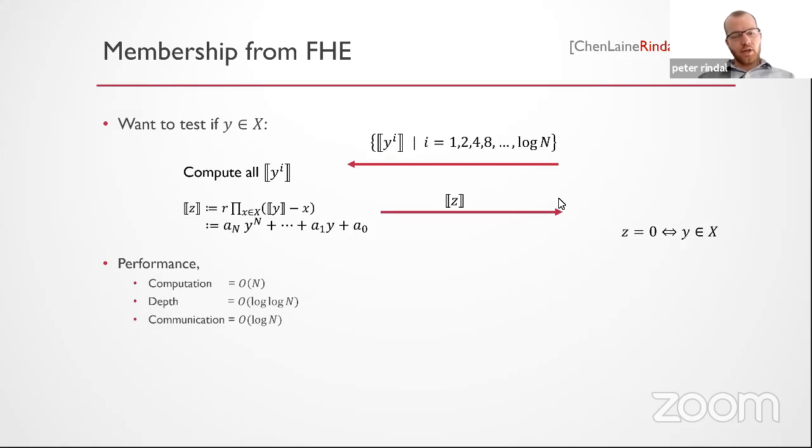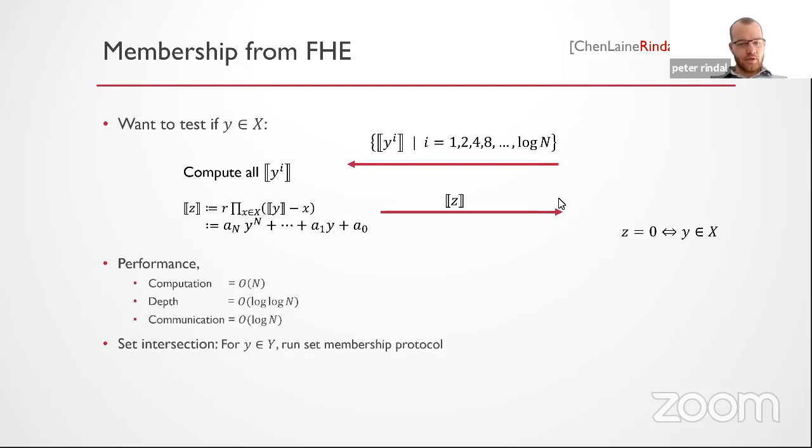And so the only fully homomorphic operations that we need are when we are computing all the powers of y, expanding. And so the computational overhead is proportional to the large set size, good depth, and good communication. And so it's great.